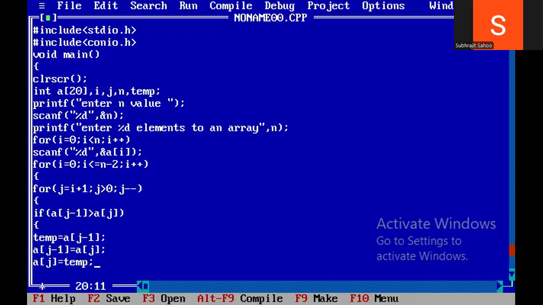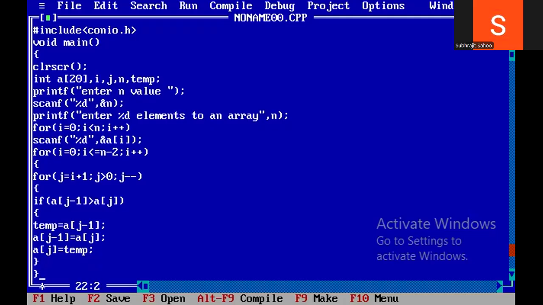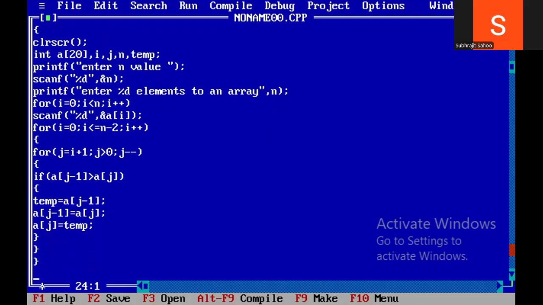Now the logic is over. Now the if statement closes, second for loop closes, first for loop closes. Now sorting is done.